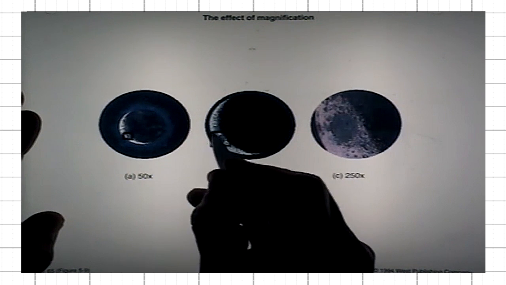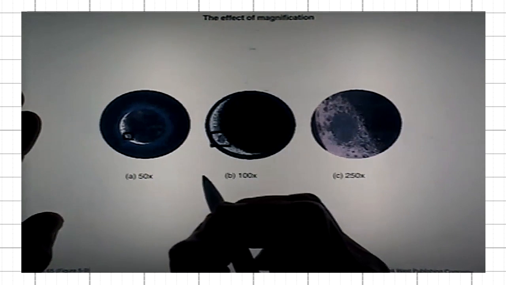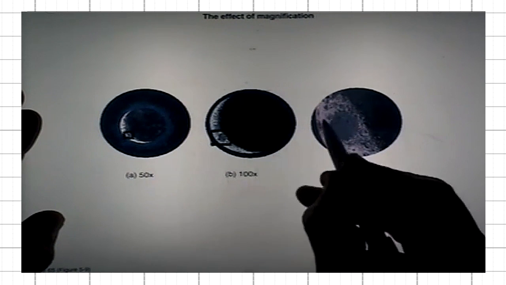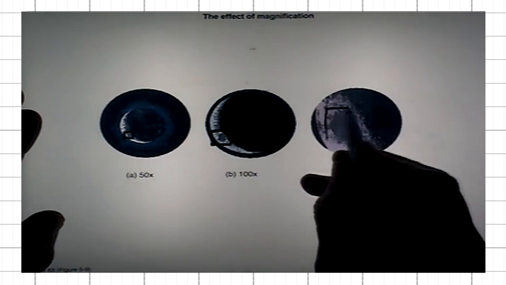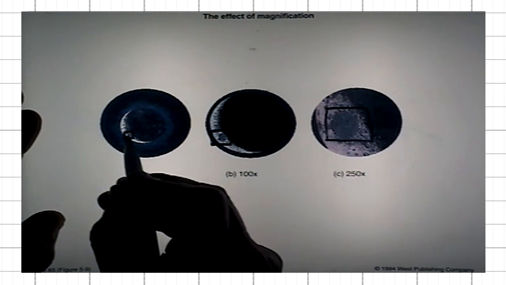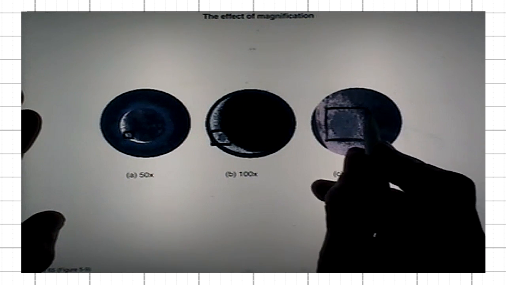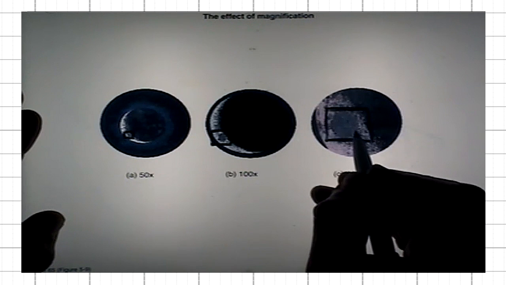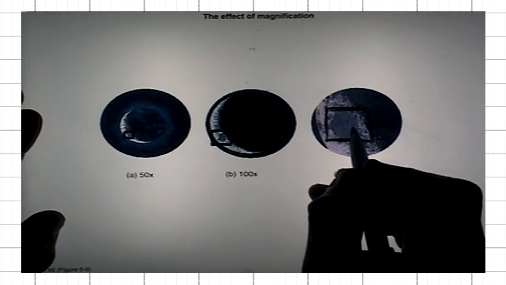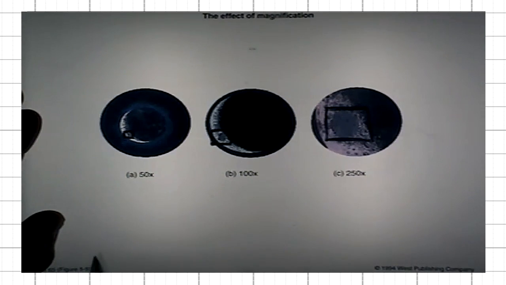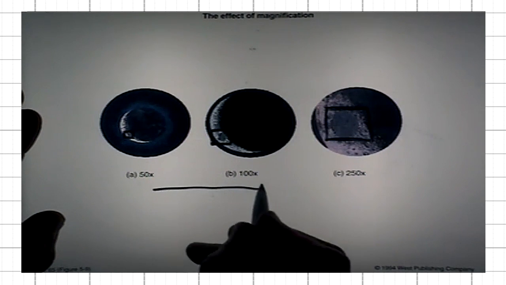So therefore, I have less light per unit area than at the lower magnification. Even at the higher magnification, all of the light reflected by this area here is now spread over an even bigger area. So I get less light per unit area, which is actually the brightness of the image. So as I increase the magnification, the brightness goes down.